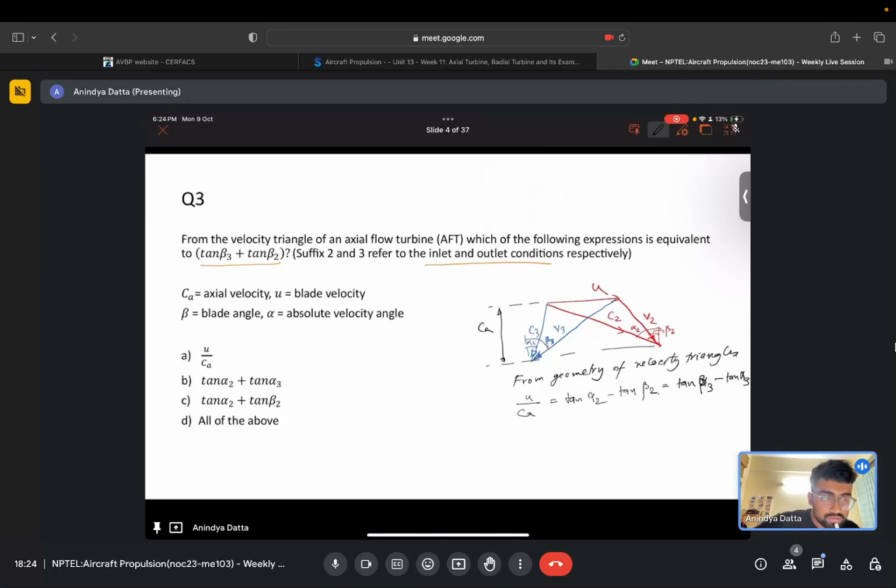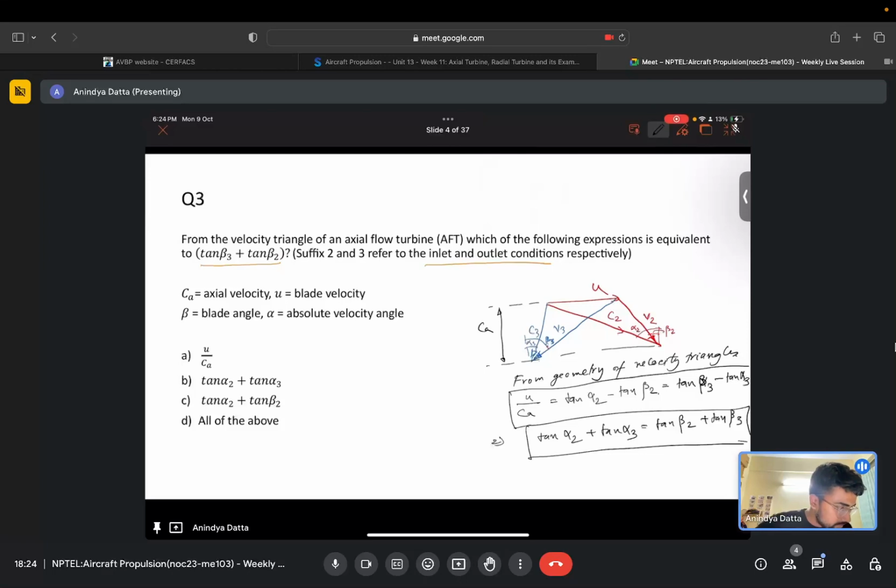Remember carefully the kinematic relations for axial flow compressors: there it is actually the sum of tans, but here it is the difference. Since both are equal, you can rearrange this to get tan alpha 2 plus tan alpha 3 is equal to tan beta 2 plus tan beta 3.